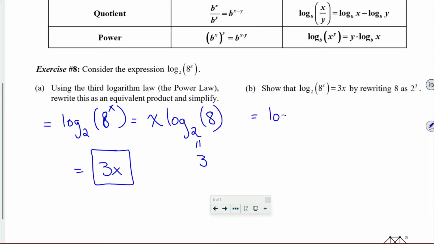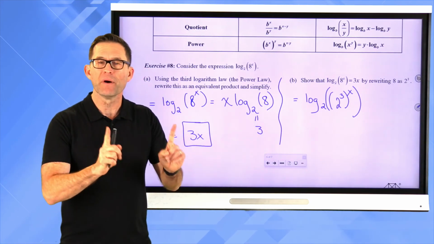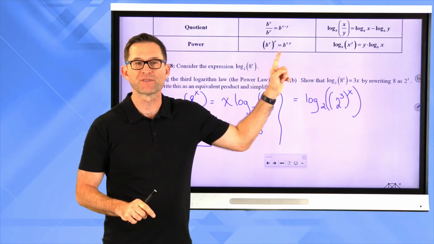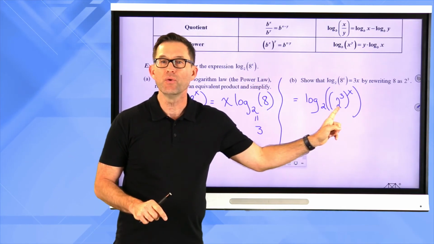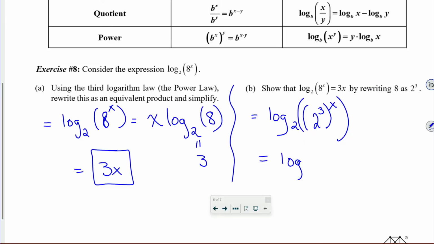So I can rewrite this thing as 2 to the third to the x, right? Because all I'm doing is rewriting 8 as 2 to the third. But now I can use the product property of exponents to rewrite 2 to the third to the x as 2 to the 3x.